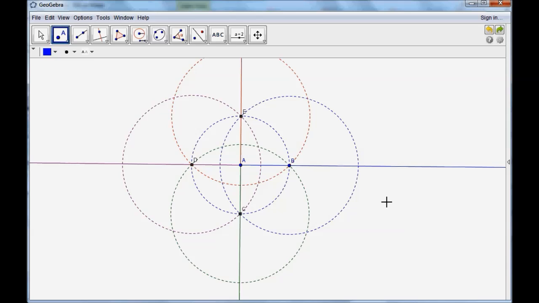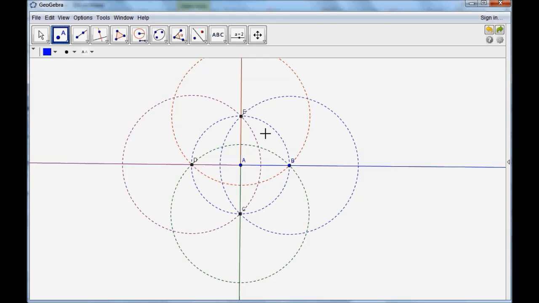So what we have here are four right angles, which we know are also congruent because of the transitive property. You have BAE congruent to EAD, EAD congruent to CAD, CAD congruent to BAC, and BAC congruent to EAB again. So they're all chained together using the transitive property.